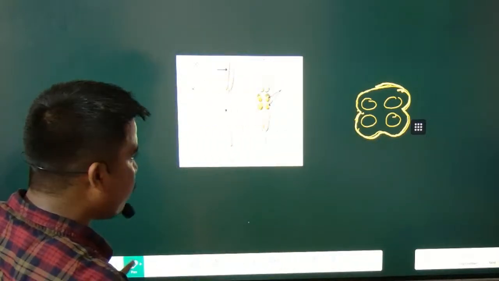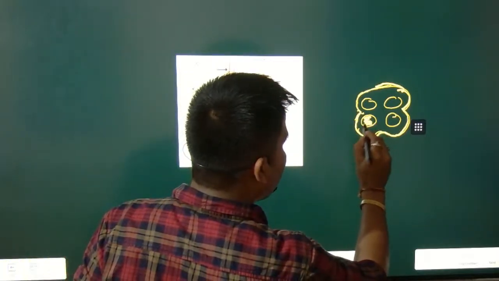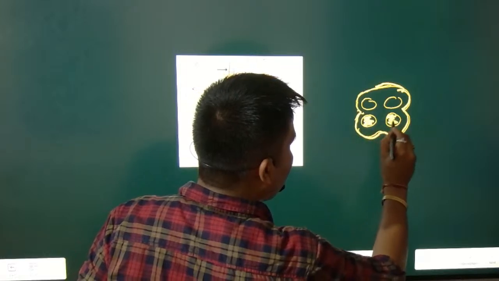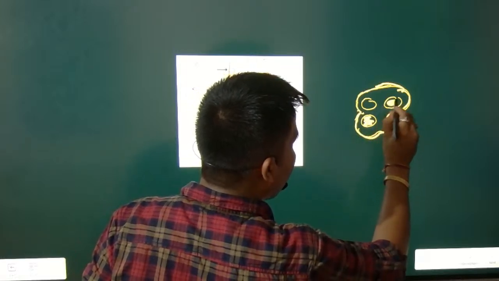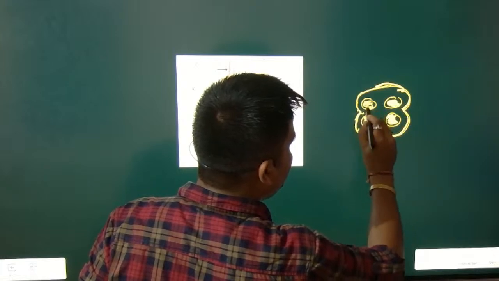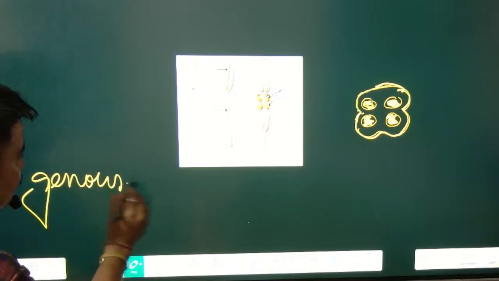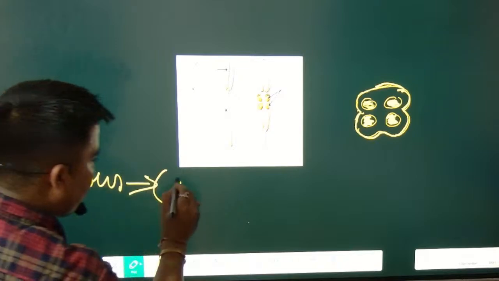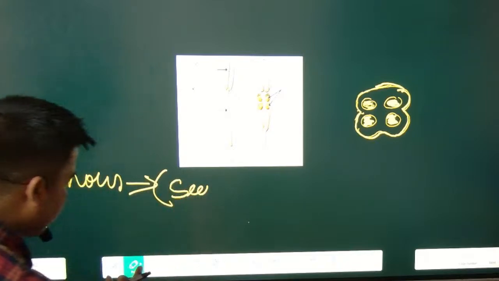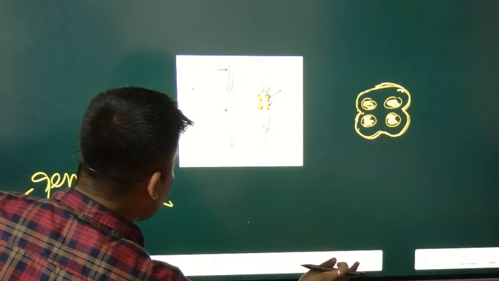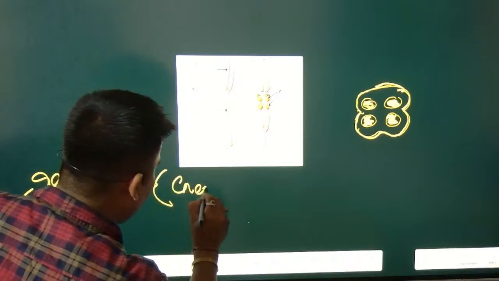These pollen sacs are completely filled with sporogenous tissue. So what is the function of sporogenous tissue? Genus in biology means creating.